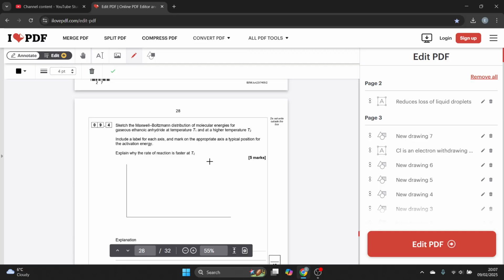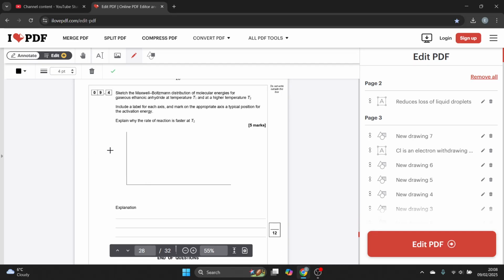Sketch the Maxwell-Boltzmann distribution curve of molecular energies in a gas, and obviously we want to label it as well. So number of molecules on the left hand side, energy, arrow there.